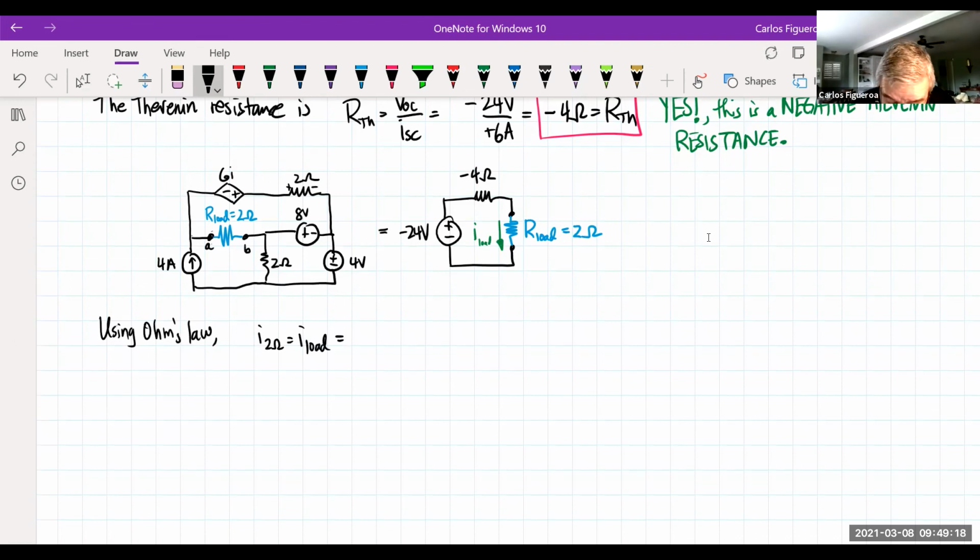It's got to be V_OC over R_TH plus the 2 ohm. But in this case here, you could see that it's minus 24 over minus 4 plus 2. So I am getting a 12 amp current through that load right there.